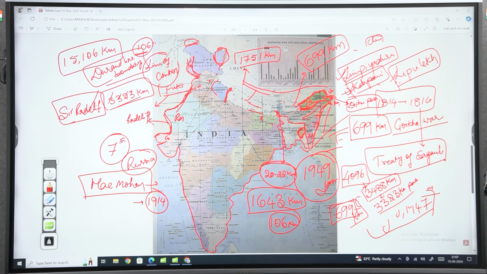Actually, Bhutan is not claiming any territory from China. But China is claiming so many areas, so many pockets, in the western part of Bhutan as well as in the eastern part.